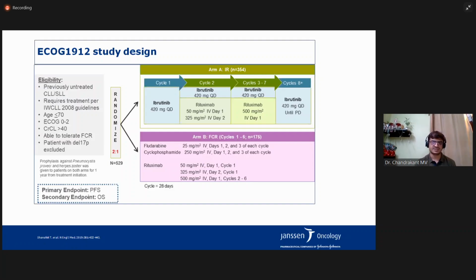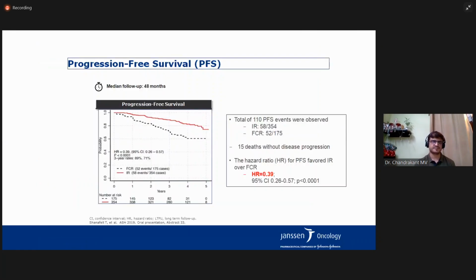You can see day 1 to day 3 of fludarabine and cyclophosphamide.